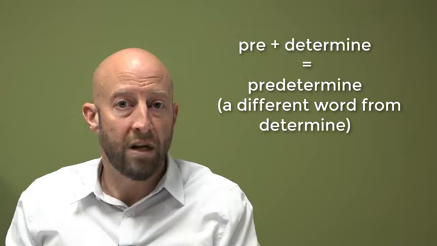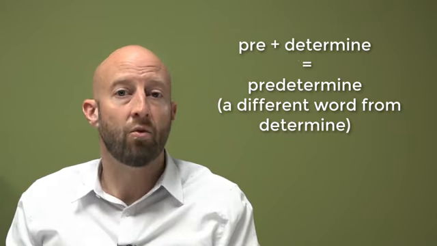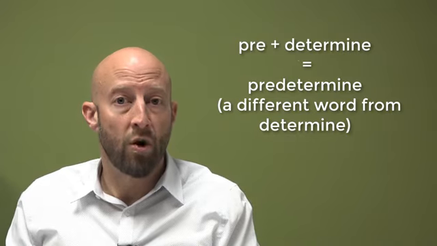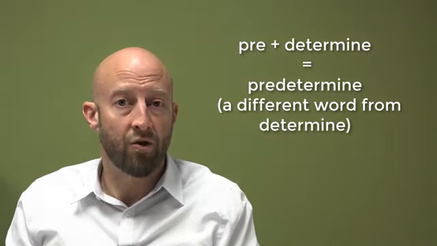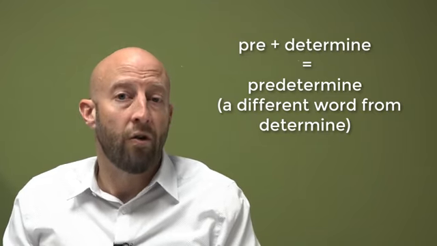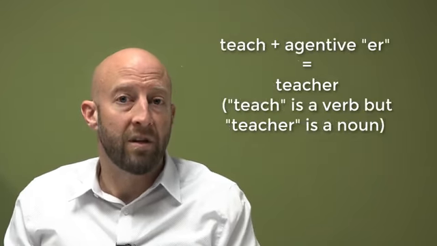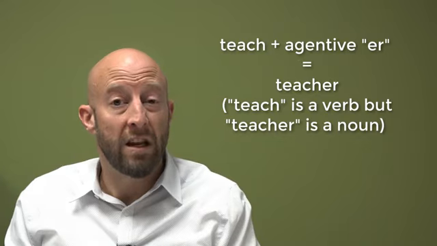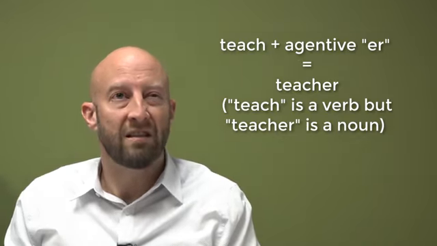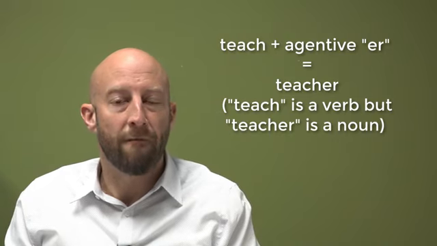If we take pre, for example, and we add it to the word determine, we get predetermine, which is a new word that would have its own dictionary entry separate from that of determine. Now also, if we take, for example, the agentive er suffix, then that means we could make a noun from a verb.